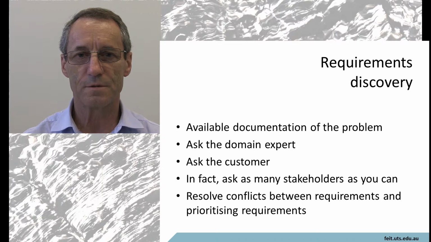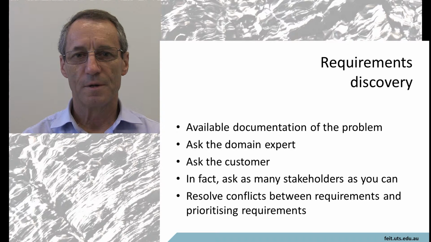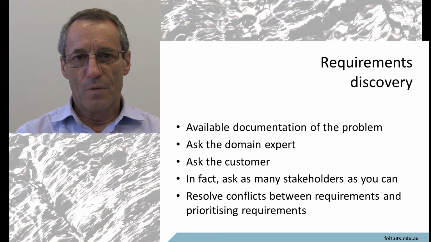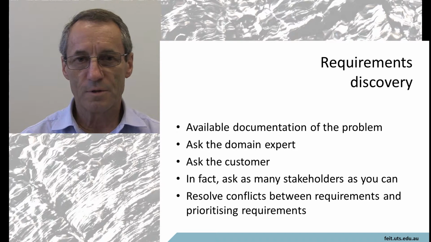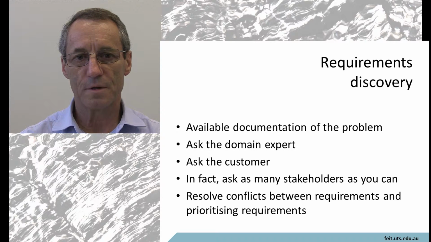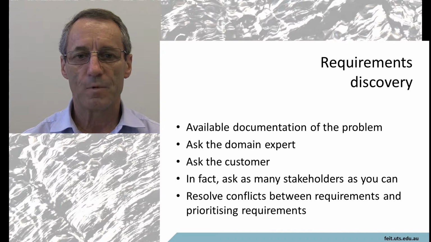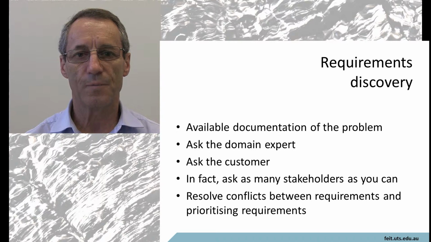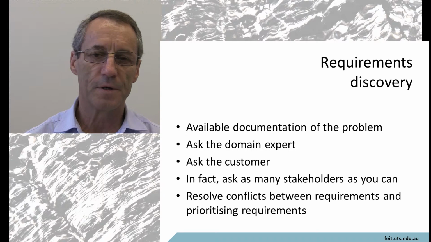You try to make sure that there's no major gaps in your understanding of the system. Where you can get these requirements from, obviously you can try and ask the customer, the user, what it is they want, what the scope of what they want, what they want the system to do. So you can ask about its functionality and as many of the exceptions to that functionality as is possible.